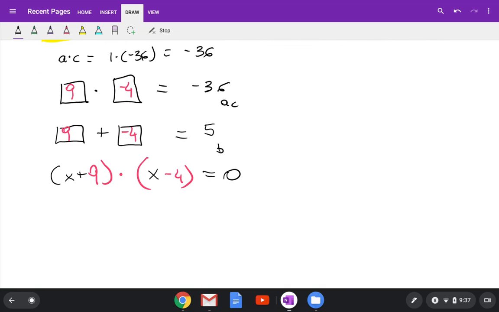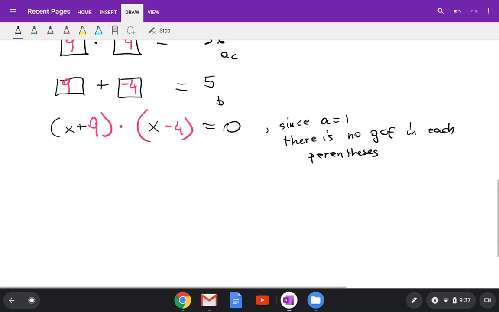There is no GCF in each parenthesis since A is equal to 1, or you can just say the GCF is equal to 1, so we don't need to do that step.